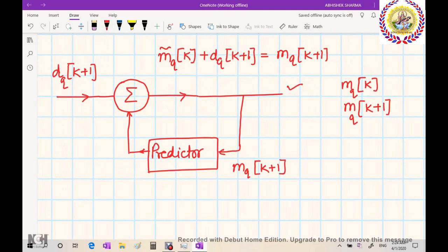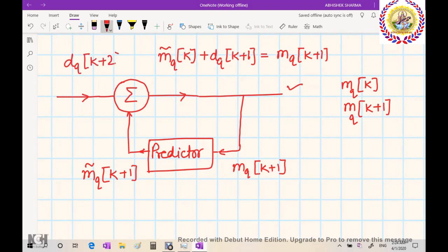The predictor will give the estimated value, which will be the approximated value of the quantized value, and here the difference will change to dq(k+2).